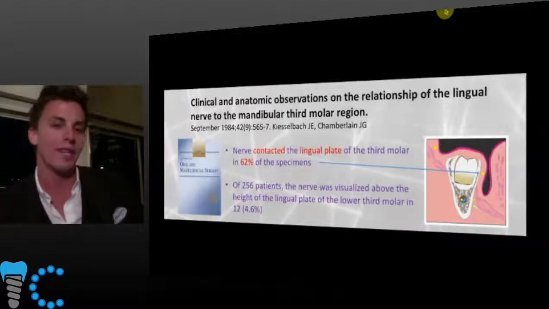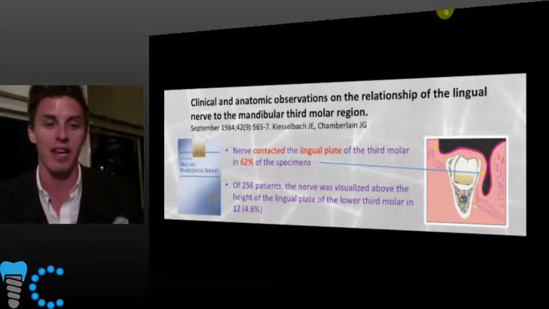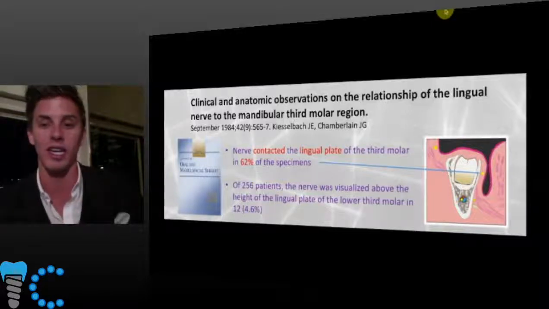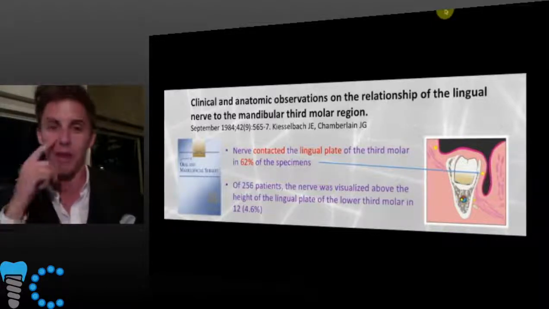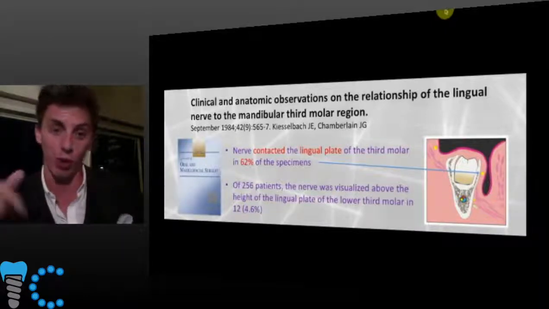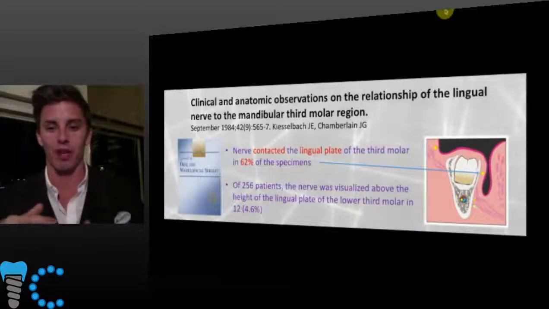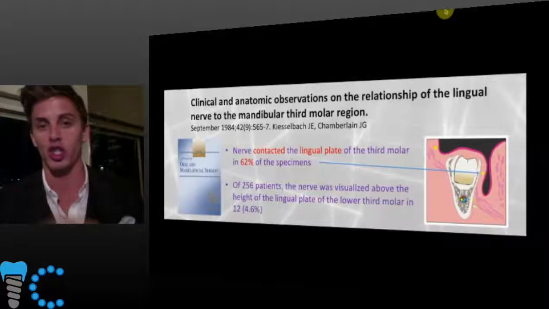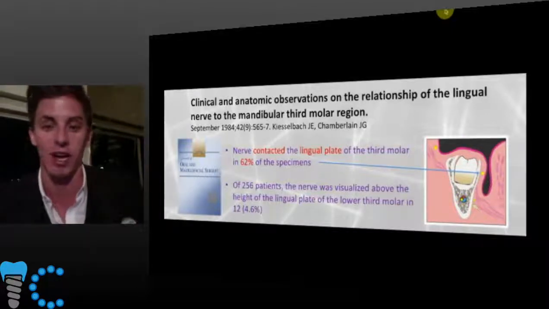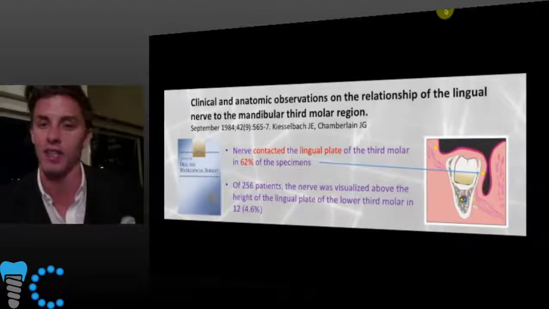The one thing that we need to be aware of is that in this study, they found that 62% was actually contacting the lingual plate. To me, that's a little scary, because if we extract this wisdom tooth and we perforate the lingual plate, or somehow the wisdom tooth is extracted lingually, and that thin lingual cortex is jeopardized, well, that lingual nerve, if it's intimate with that cortex, then we could have an issue.